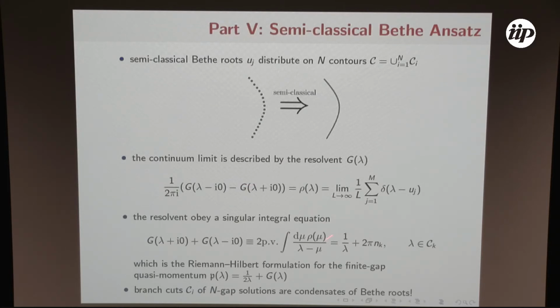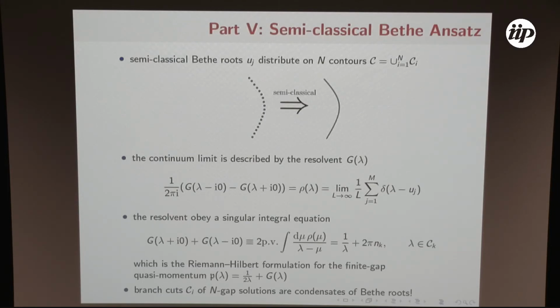And then if you see what the Bethe equations give you in this particular limit, you can define the resolvent for these Bethe roots, which condense along some contours. You will see that the equation that you have is basically equivalent to the equation for the quasi-momentum, which tells you that the quasi-momentum is nothing but the resolvent of the Bethe roots. That's a very interesting relation, because if you do classical integrability, a priori you might not realize that these branch cuts have a physical interpretation, that they are basically made of Bethe roots.